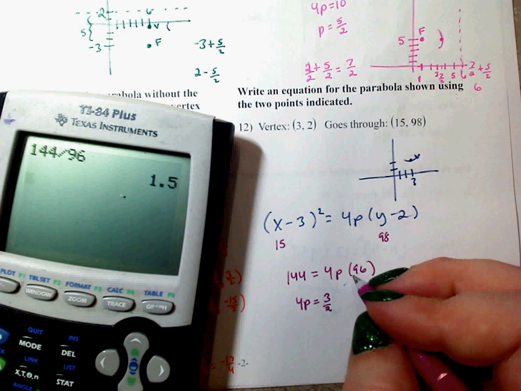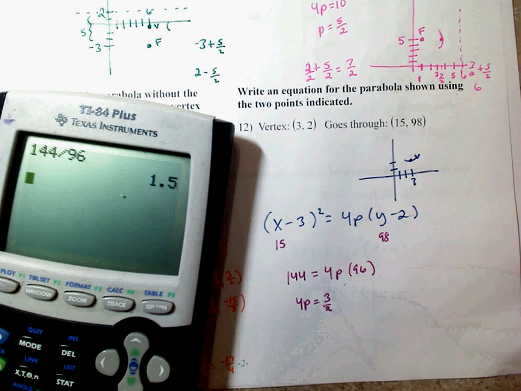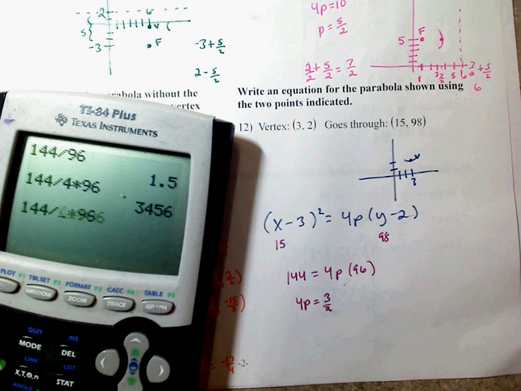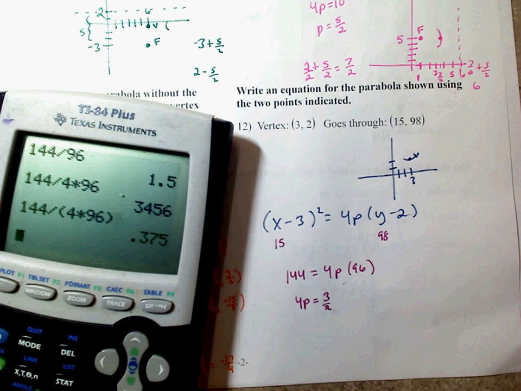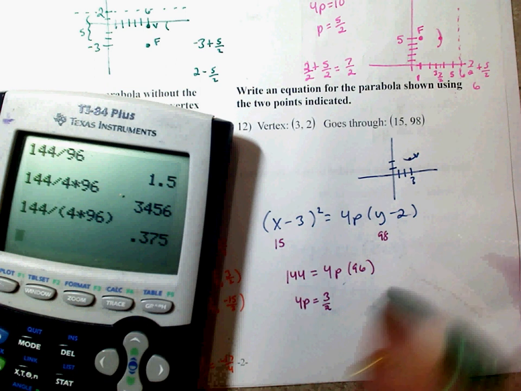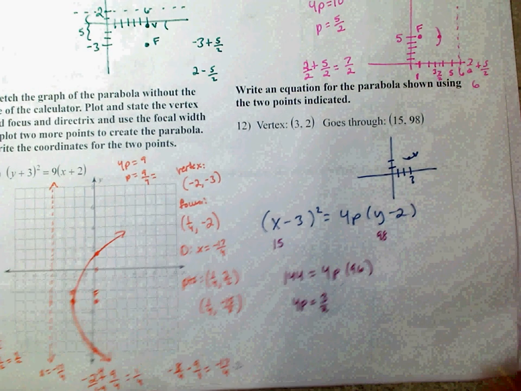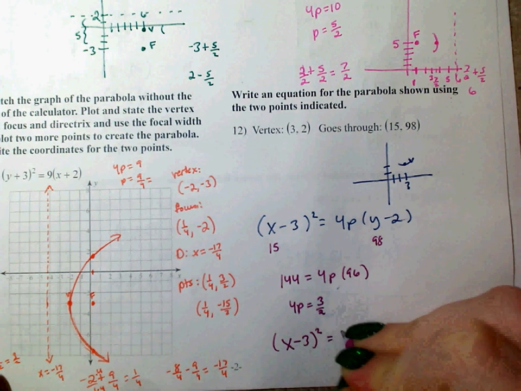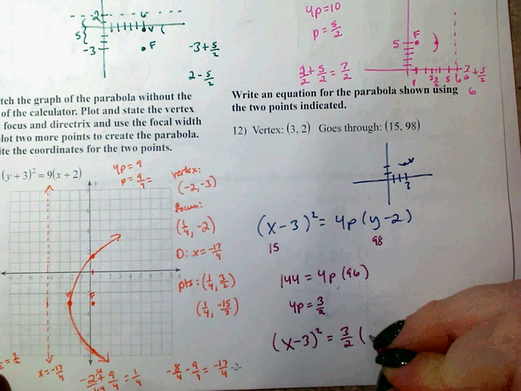If you divide by 4 times 96, technically you only divide by 4 and then multiply by 96, so you need to put parentheses. But either way, my equation is x minus 3 quantity squared equals 3 halves times y minus 2. And there we go.